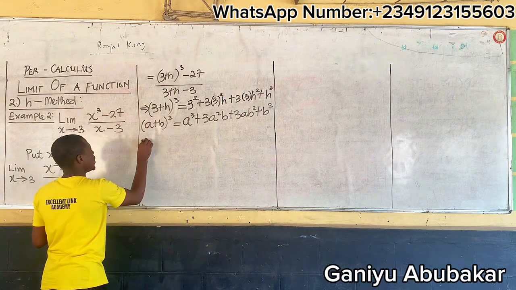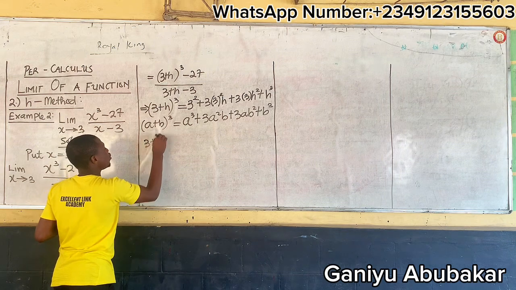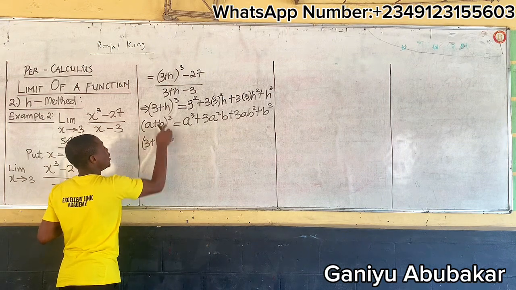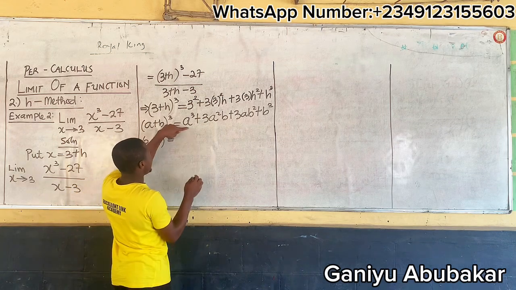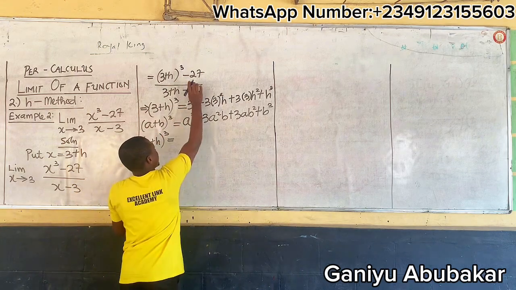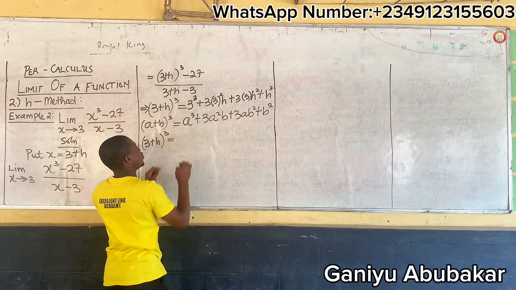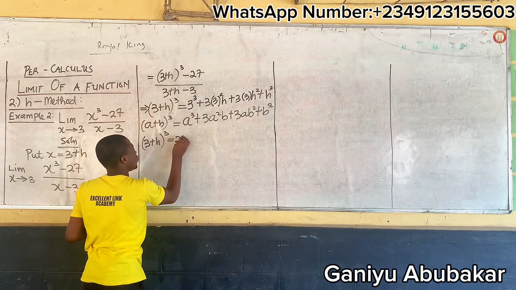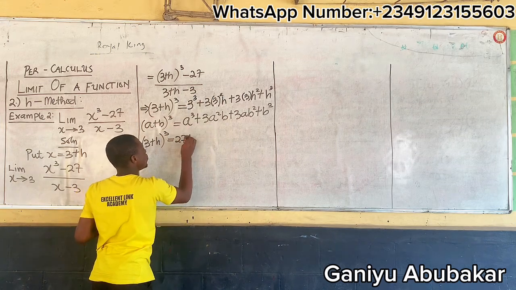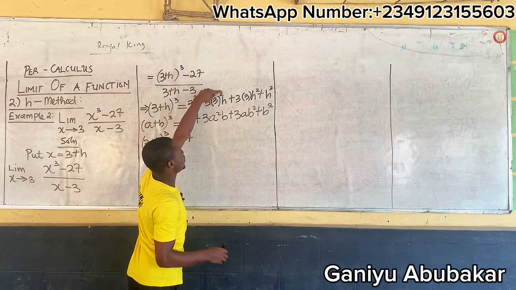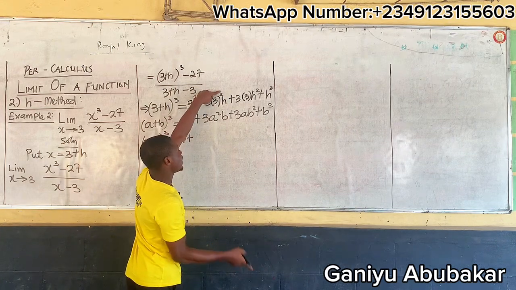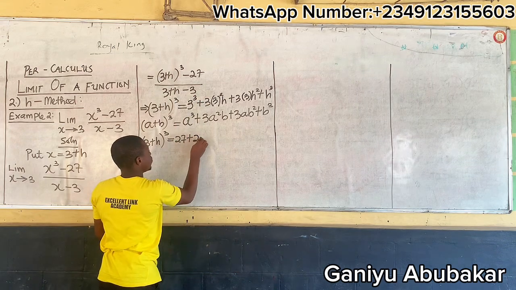So it means that for 3 plus H cube, if I'm to express this, I said A is 3 cube, not square, please. It's cube. So 3 cubed is of course 27, plus 3 times, of course this is 3 squared. 3 squared is 9. 9 times 3 is of course 27.